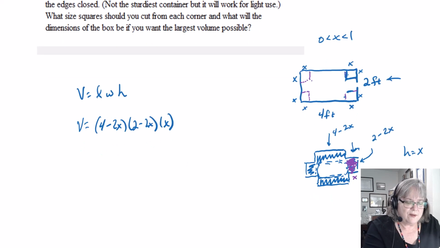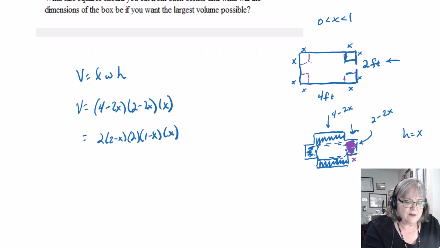And I'm always looking for ways to make my life a little easier as far as multiplying goes. So you don't have to, but I'm going to factor out all these 2's. So I'd have 4 times (2 minus x) times (1 minus x) times x.